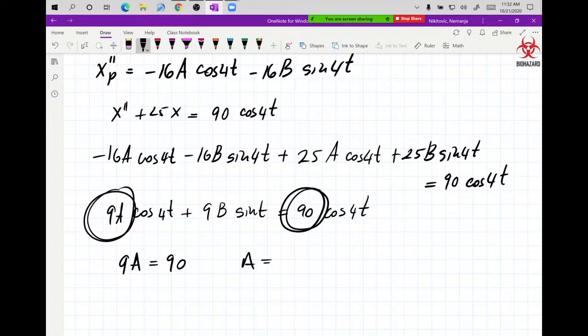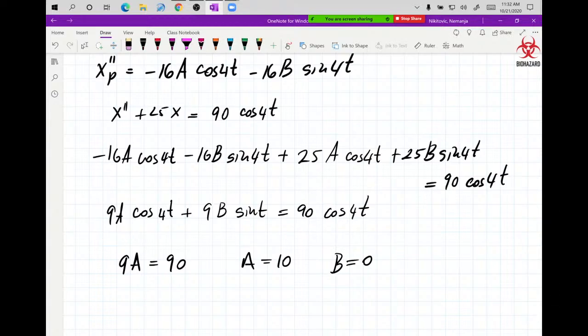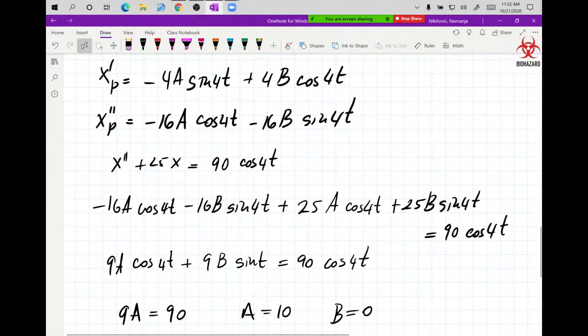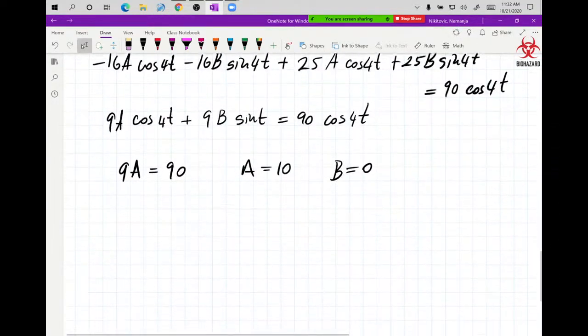So a is 10. And this one has nothing to compare to, so b is 0. There is no sine on this side to compare the coefficient with this one, so that's 0. So now we plug this in our xp.